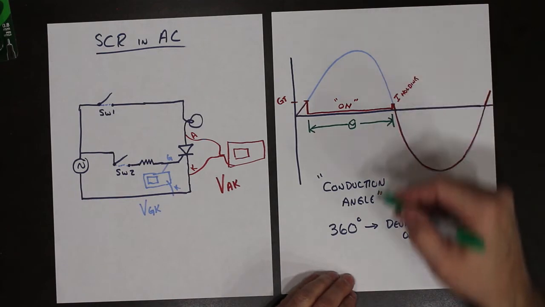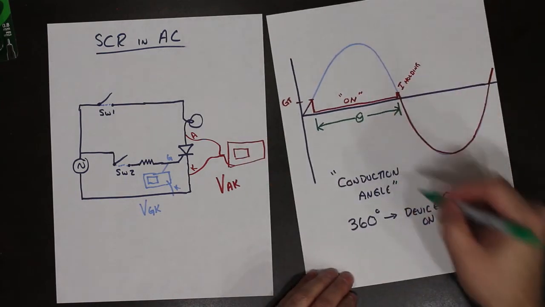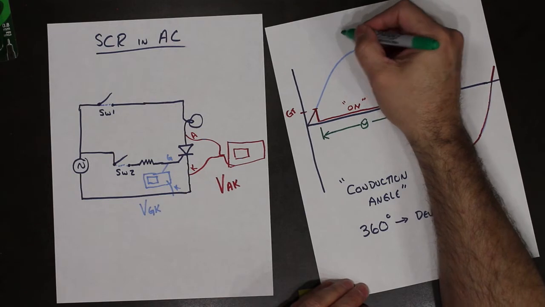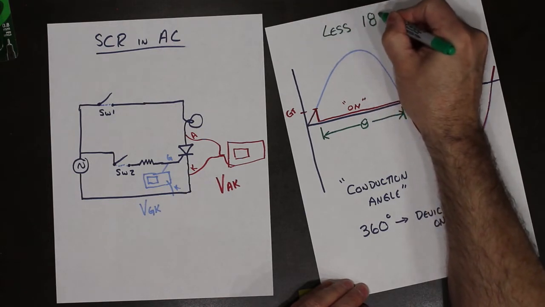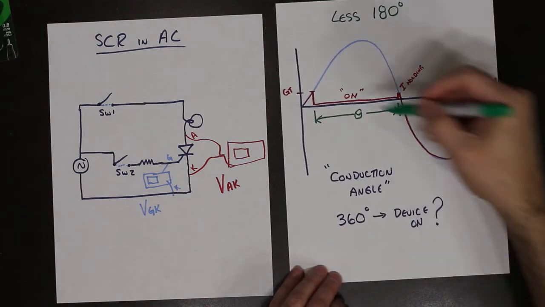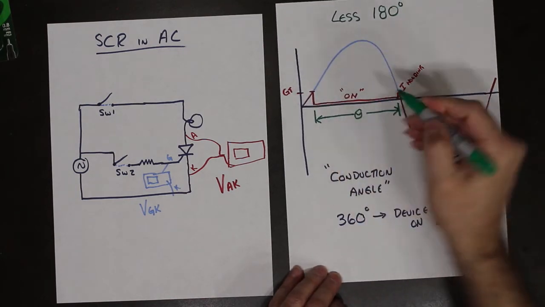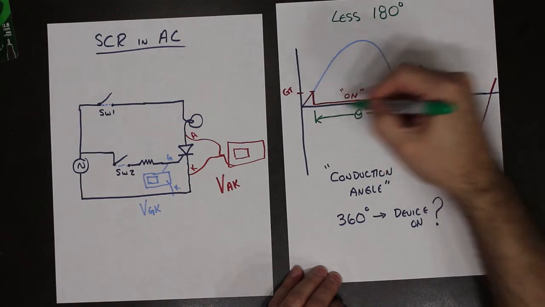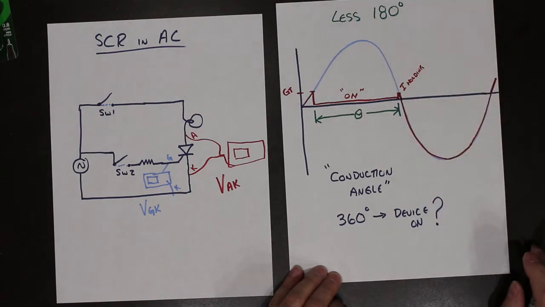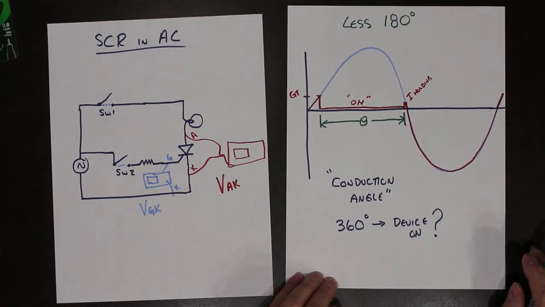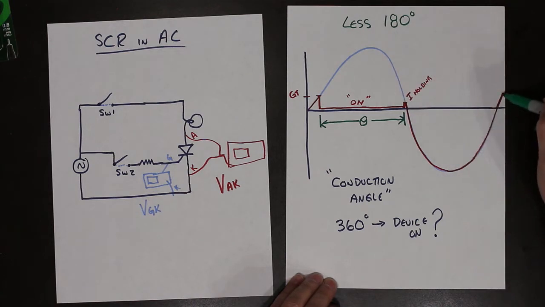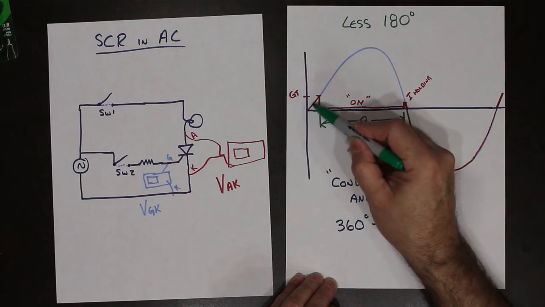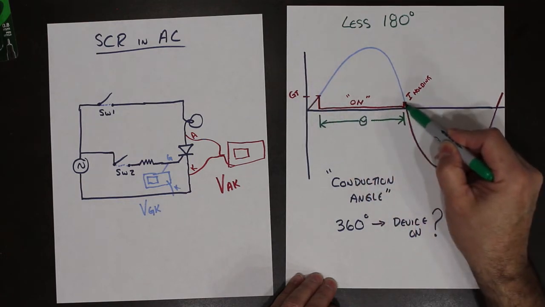So in this case, with an SCR, you can see the conduction angle is going to be less than 180 degrees. So we lose this little time, we lose this little time, and the conduction angle is somewhere less than 180 degrees. Once the waveform starts to grow again and repeat itself, the same thing happens.